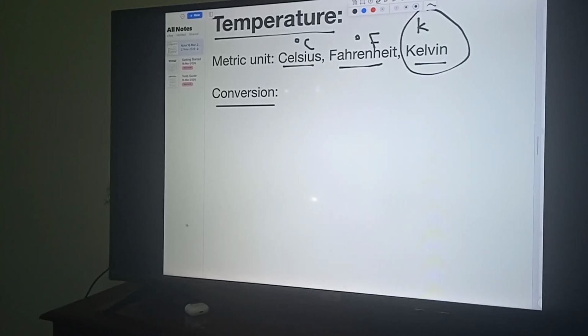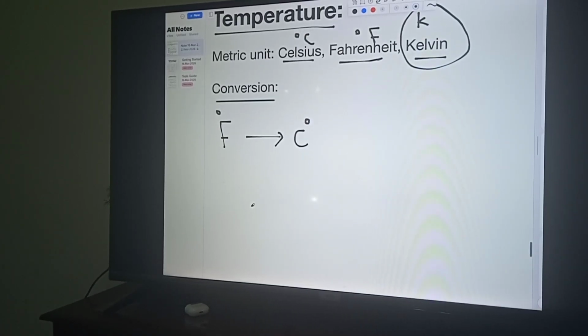For example, to convert degree F to degree C, you have to follow this formula.